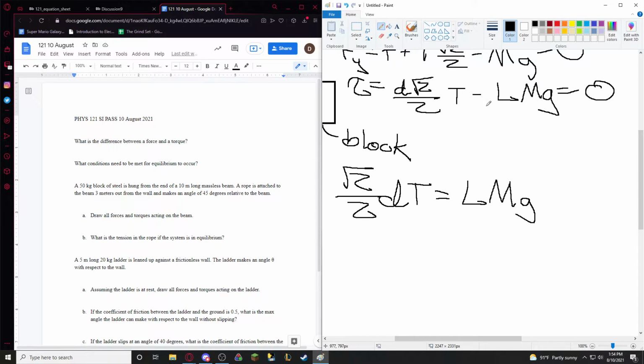We just moved this over to the right side, and then we can solve for T. T is equal to 2LMg over root 2 d.